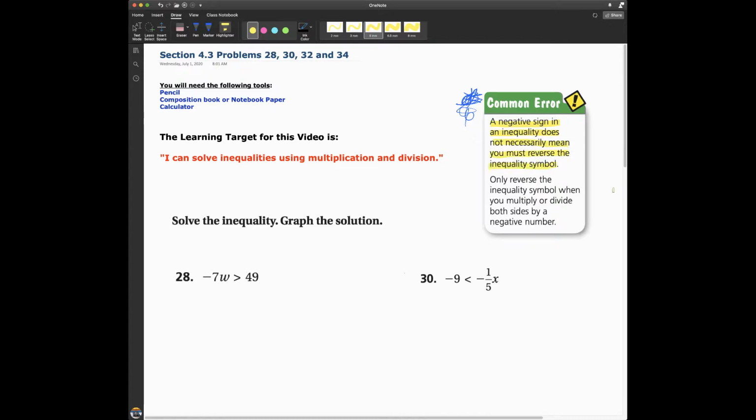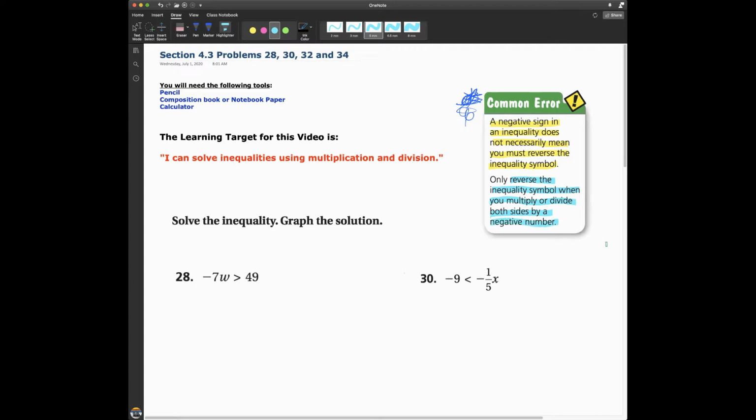There's really only one time you will reverse it, and that is only when you multiply or divide both sides by a negative number.